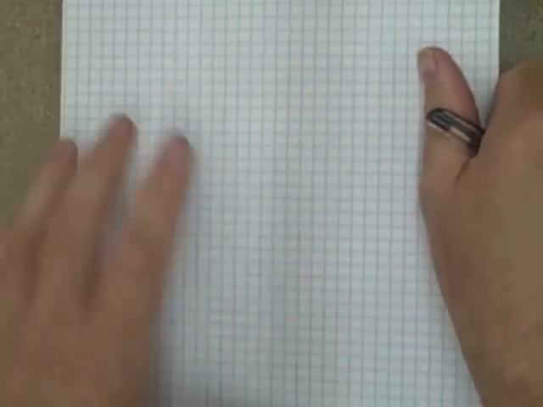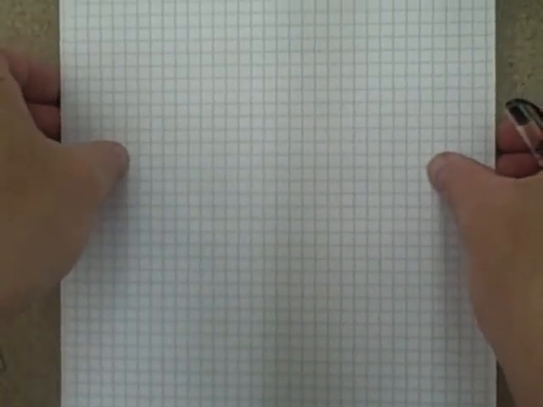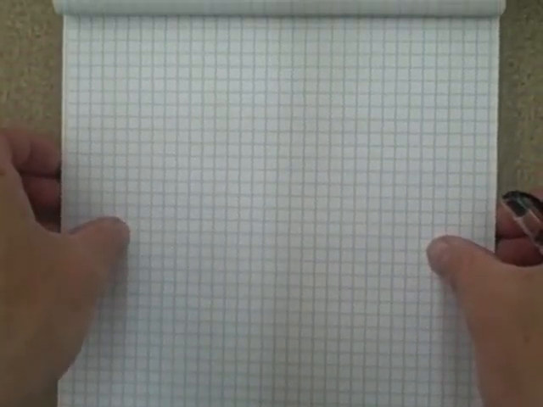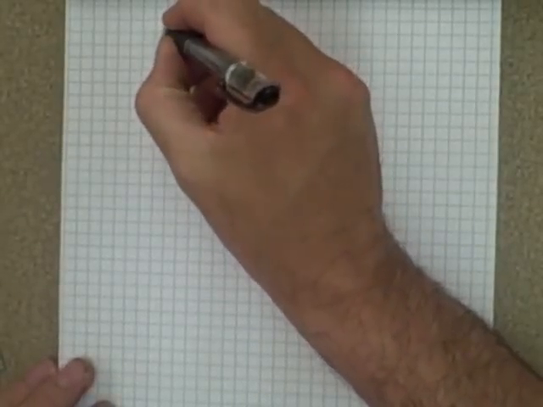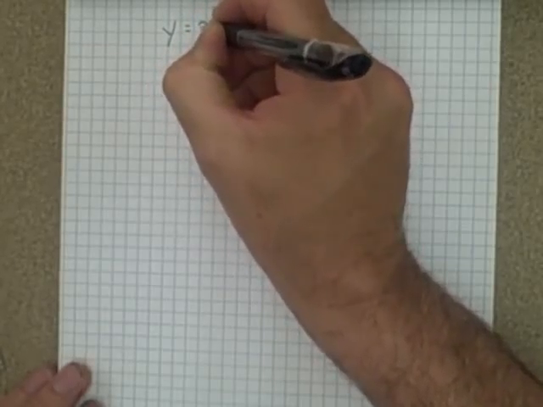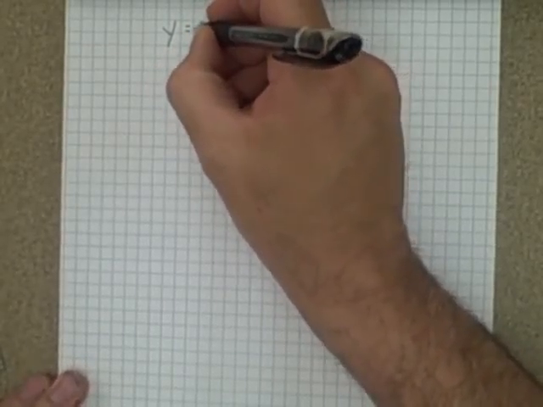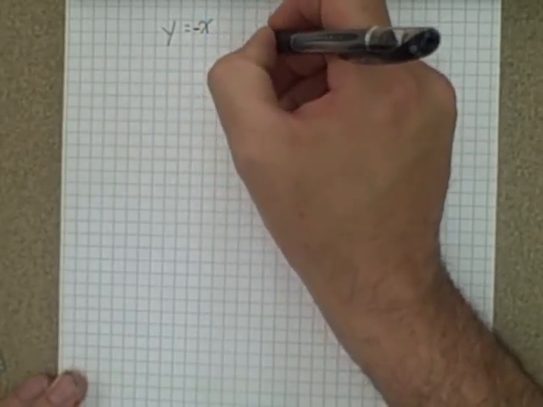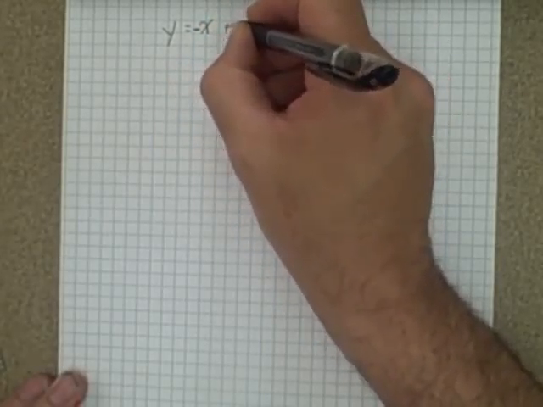Similar type of thing. Okay, so for my second example, let's say that y is equal to negative x plus 4.